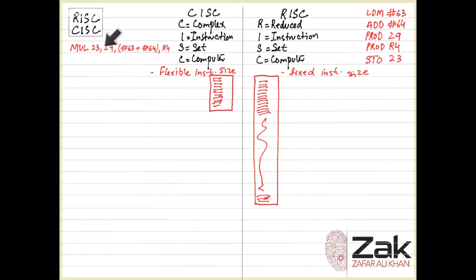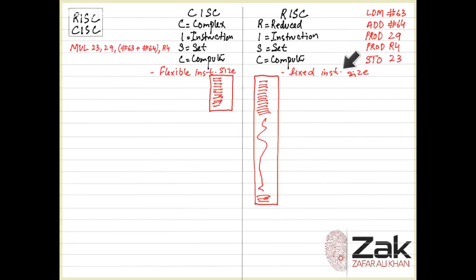This one is the memory address where it will be written back. So the result of 63 plus 64 will be multiplied with the 29 memory address, and then the content of register R4, and the result will be written back to the 23rd location in the what? Main memory. You can easily see, you don't have to remember these commands. I'm just trying to tell that in complex instruction set code you write less and you get more, whereas in reduced instruction set code you have to write more. Alright?